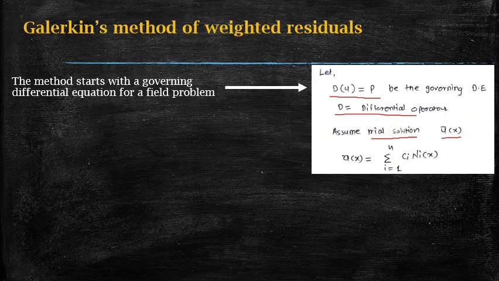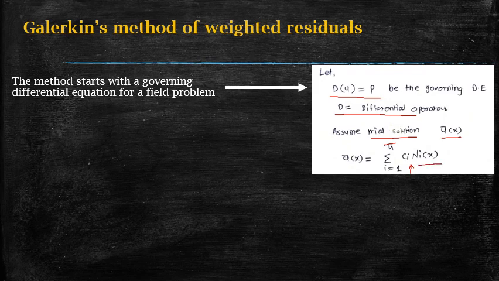So I will now write u bar of x is equal to summation i equal to 1 to n, ci into Ni of x. Depending upon the value of n, there will be n terms in your trial solution. Here ci denotes the unknown coefficients which are to be determined, and Ni of x is a function of x. Why am I writing function of x?